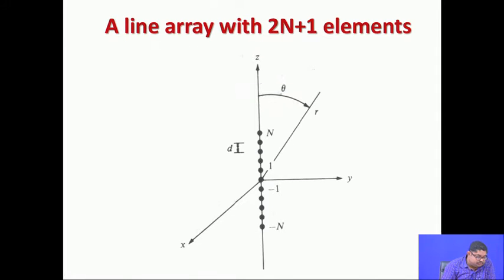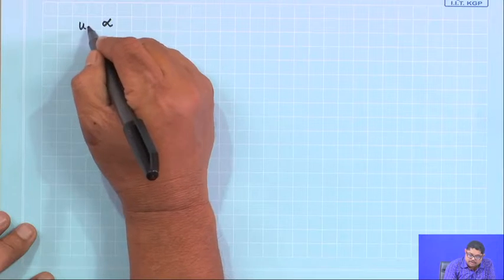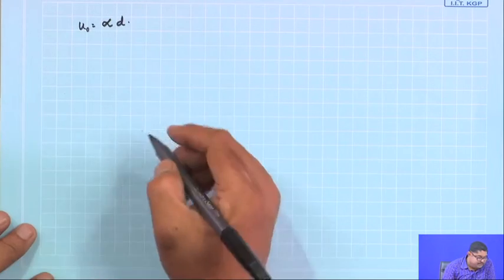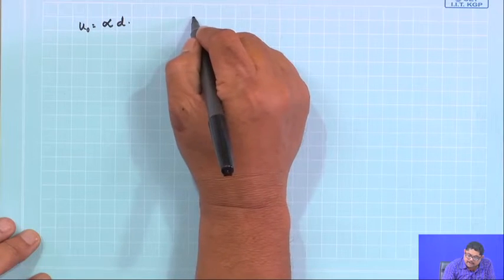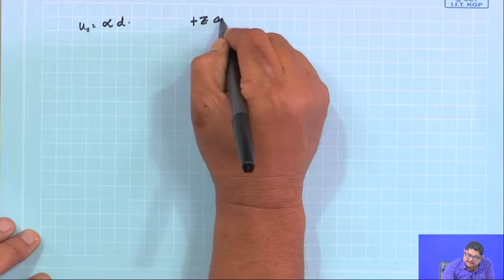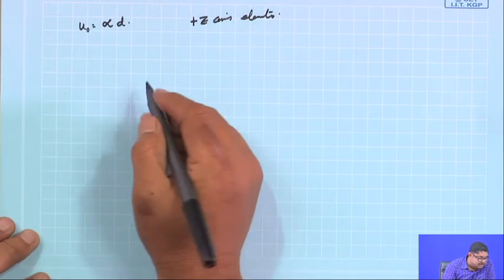Suppose the phase now we consider u naught, so our u naught is alpha d. So, we have the elements only on the plus z axis. This we can say without losing generality.